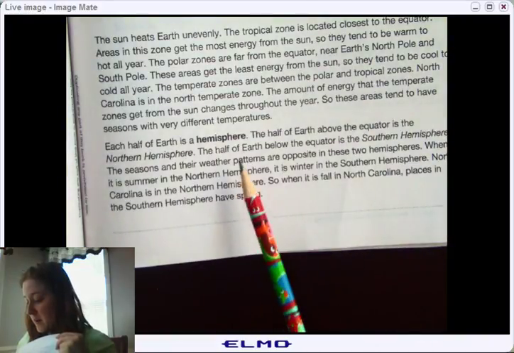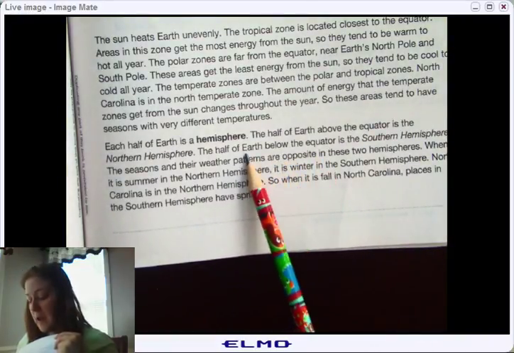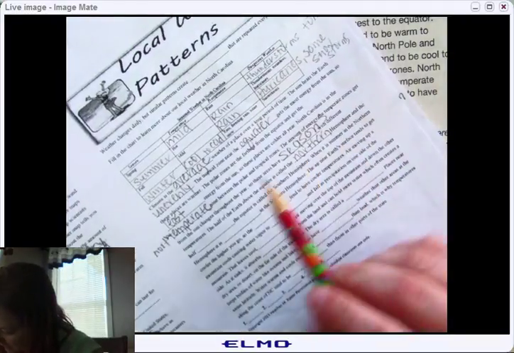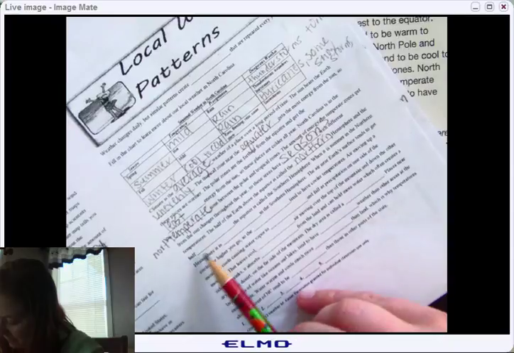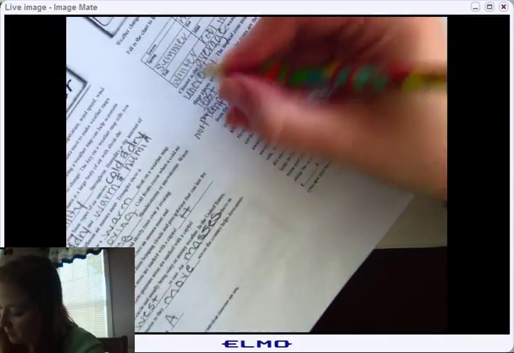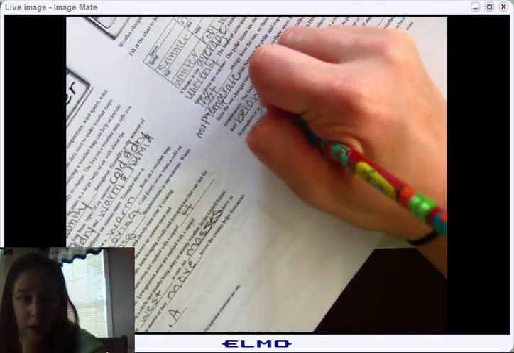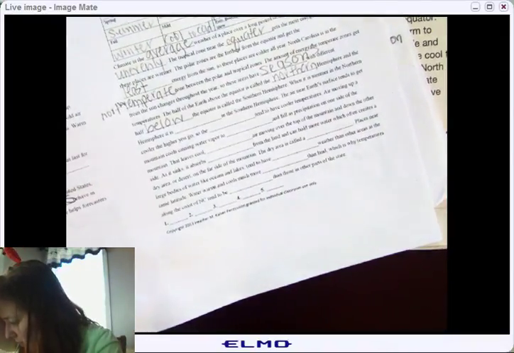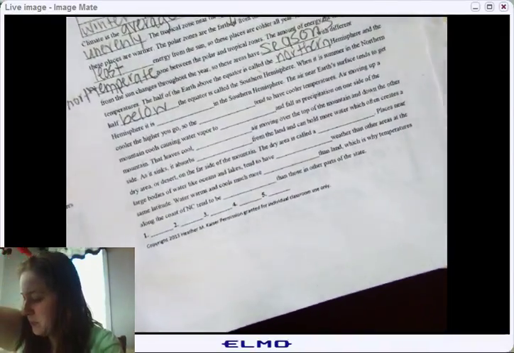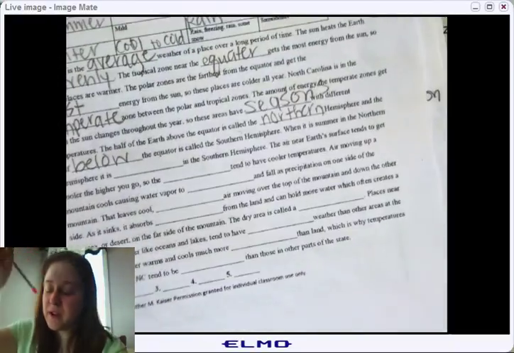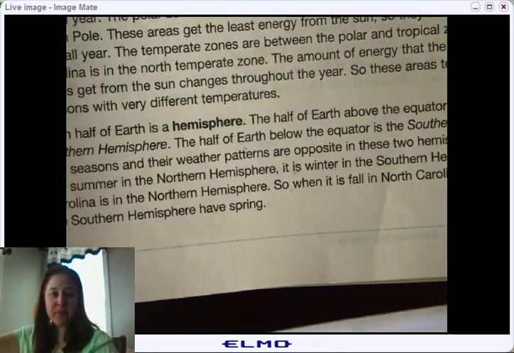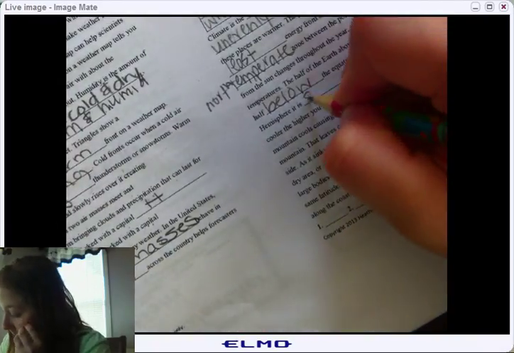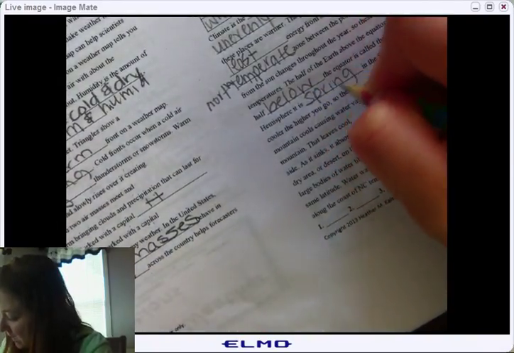And the other half of the Earth below the equator is called the southern hemisphere. When it is summer in the northern hemisphere, it is blank in the southern hemisphere. What do we say it was? They were having what? Spring in the southern hemisphere.